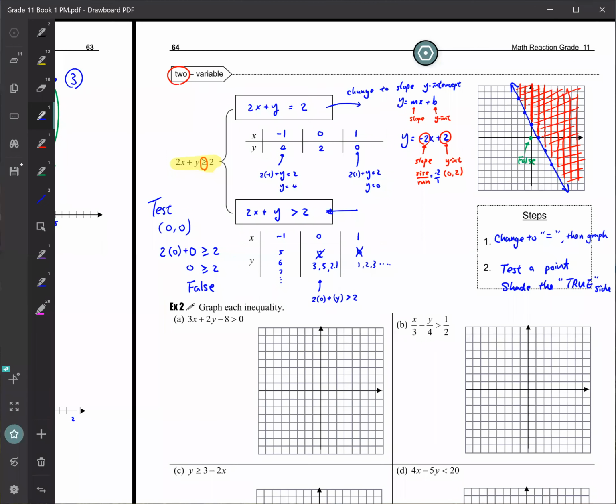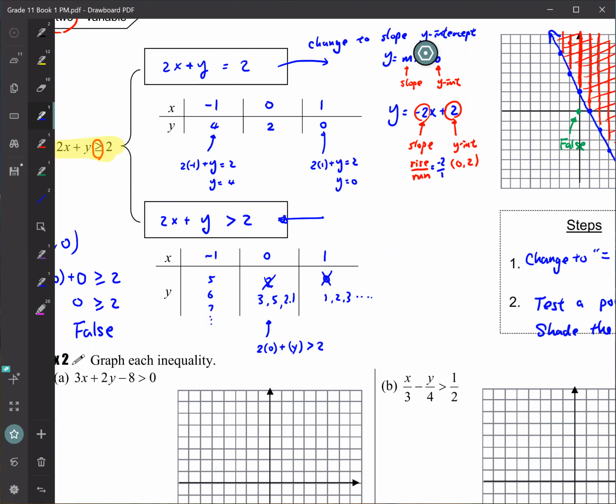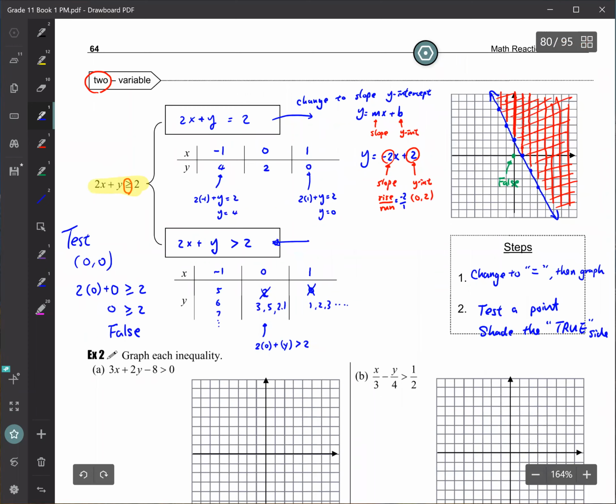The second table at the bottom is to show that the answer could be more than 1 point. Because there are an infinite number of answers that work, you need to use shading to show all the answers. So shading is just saying that there are many points. Any point on that side is our answer. So the shading is your answer.